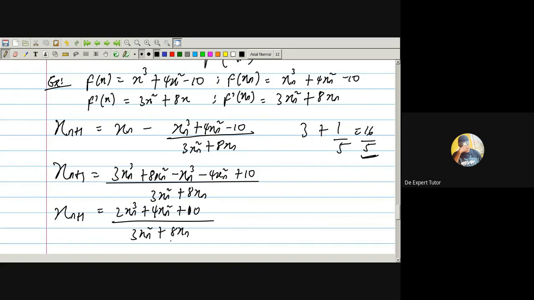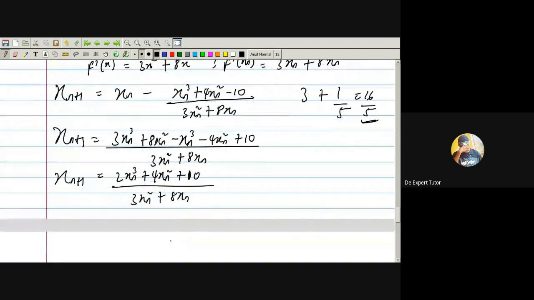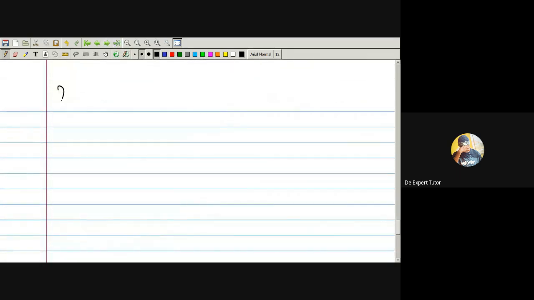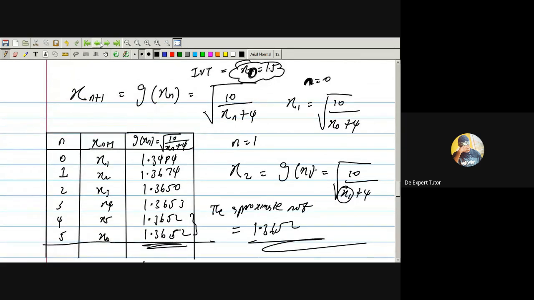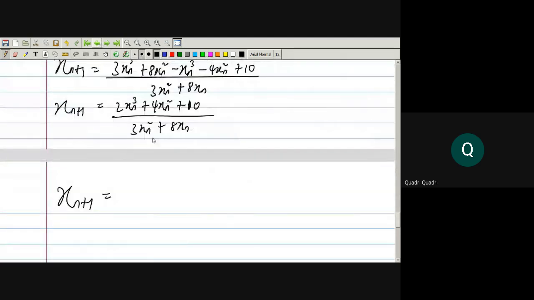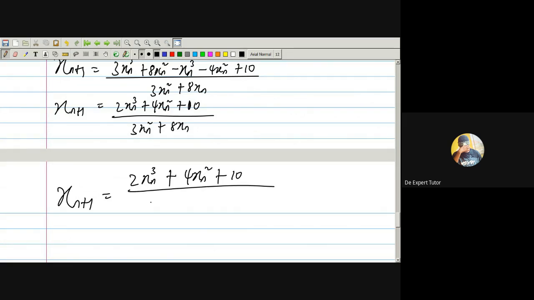Aha! So see what I have now? I can now start doing my iteration. Let me go to the next page. What do we have? Xn plus 1 equal to two xn cubed plus 4xn squared plus 10 divided by 3xn squared plus 8xn.